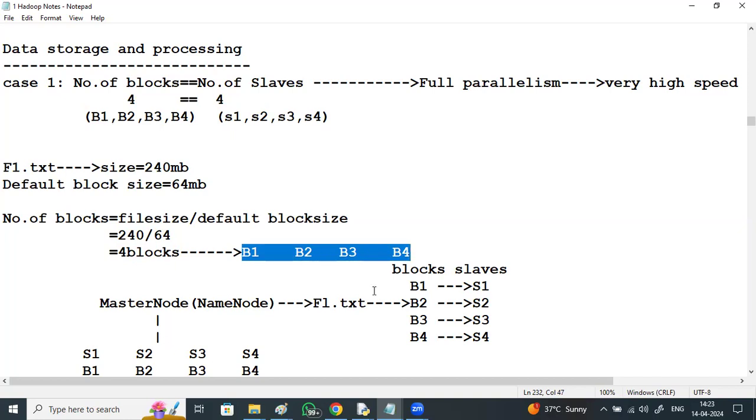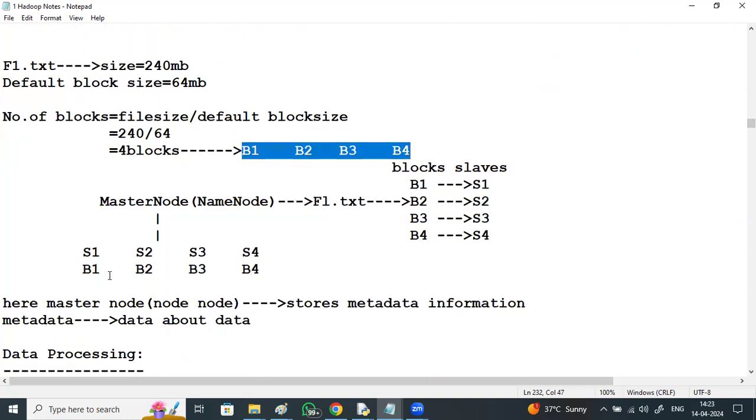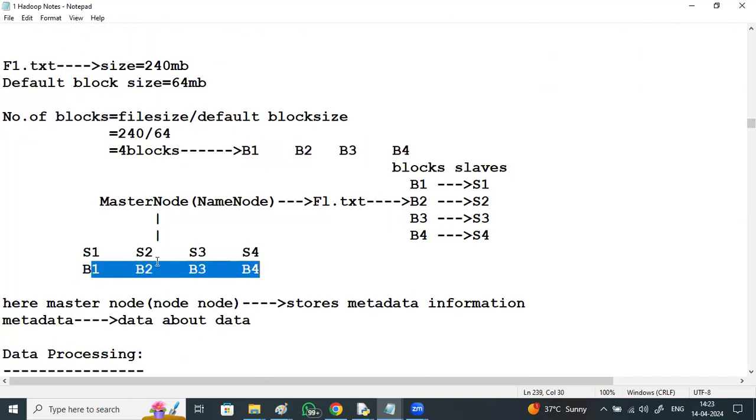So these 4 blocks are stored across 4 systems like this.